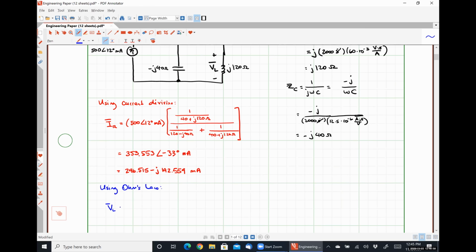So using Ohm's law, VL is simply going to be the current flowing through the inductor multiplied by the impedance of the inductor, which I'm going to express in terms of the polar form: 353.553 angle negative 33 degrees milliamps multiplied by J 120 ohms.